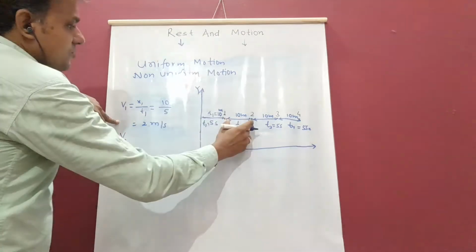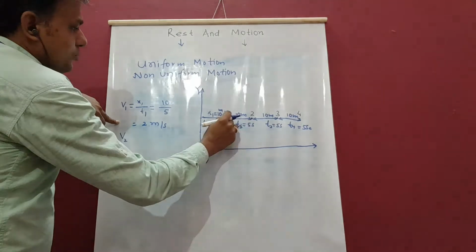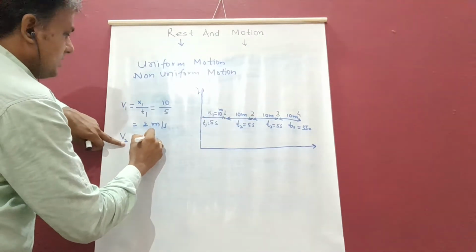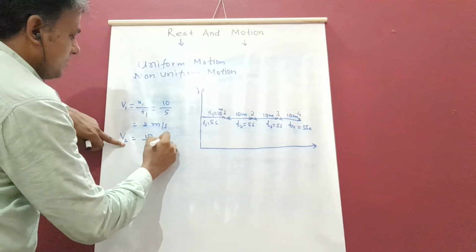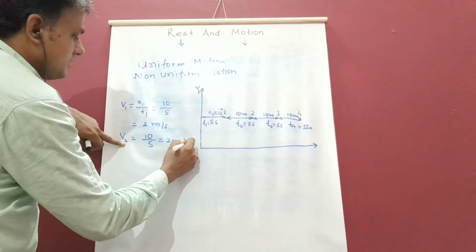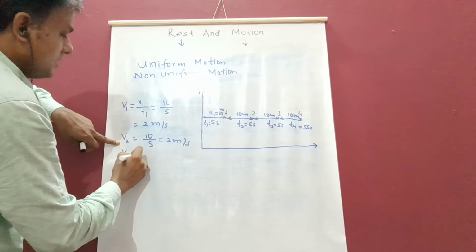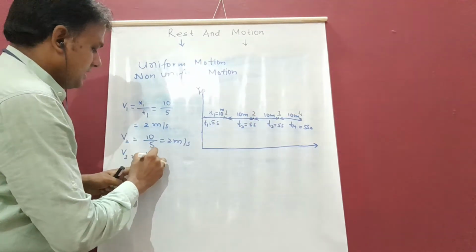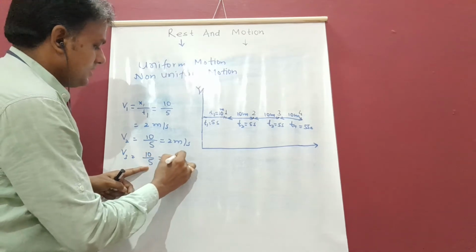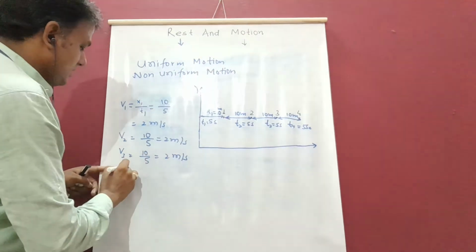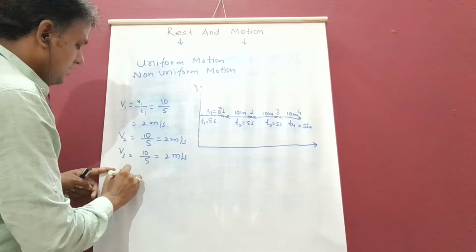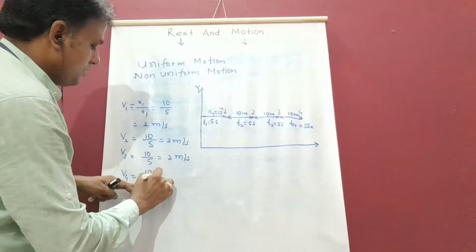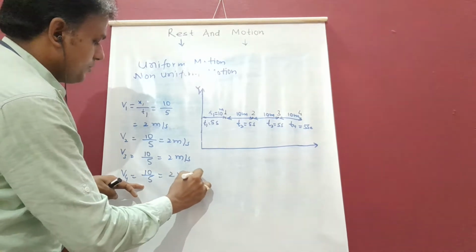Again, for points 1 and 2, it is 10 upon 5, which is 2 meter per second. Similarly, for 2 and 3, again it is 2 meter per second. Then from 3 to 4, it is again 2 meter per second.